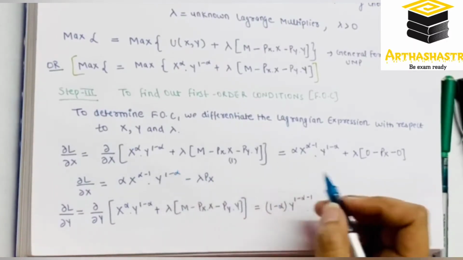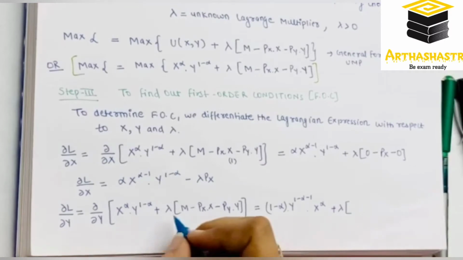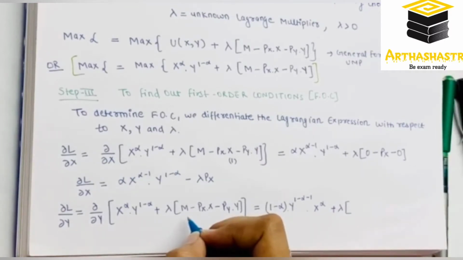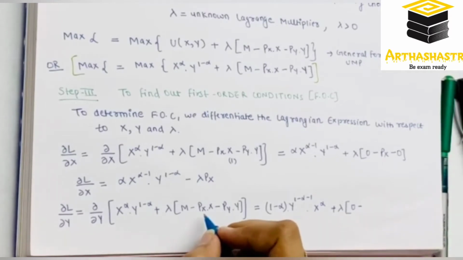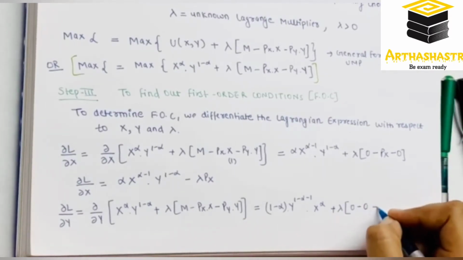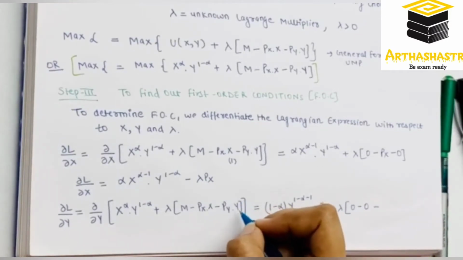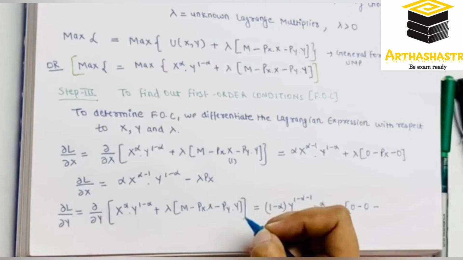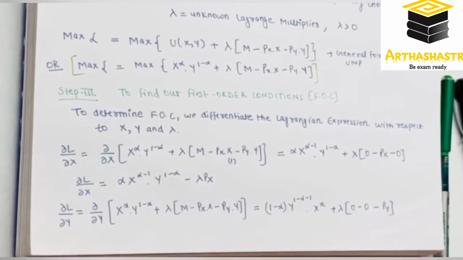Again by the same differentiation rules, we get plus lambda, the derivative of m with respect to y is 0, minus the derivative of px times x with respect to y is again 0, minus the derivative of py times y. The derivative of y with respect to y is 1, so we get minus py.